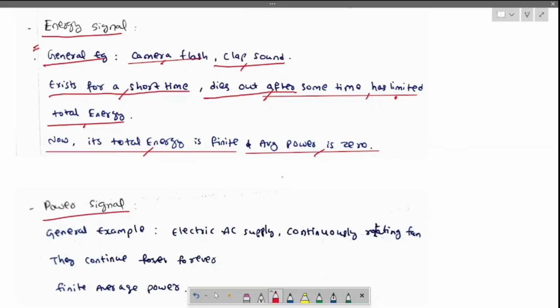Okay, remember these things. Now when we look into the power signal, the general examples are an electrical AC signal or a continuously rotating fan, which means they continue forever.